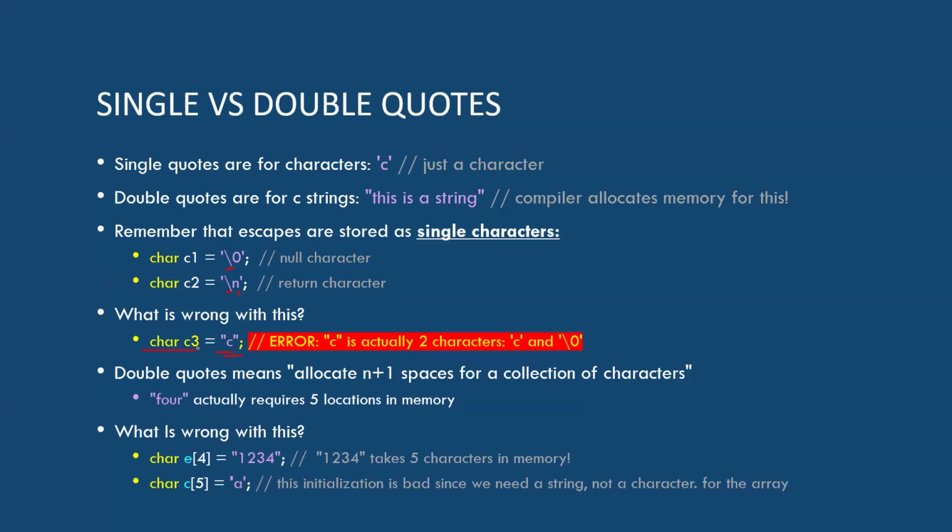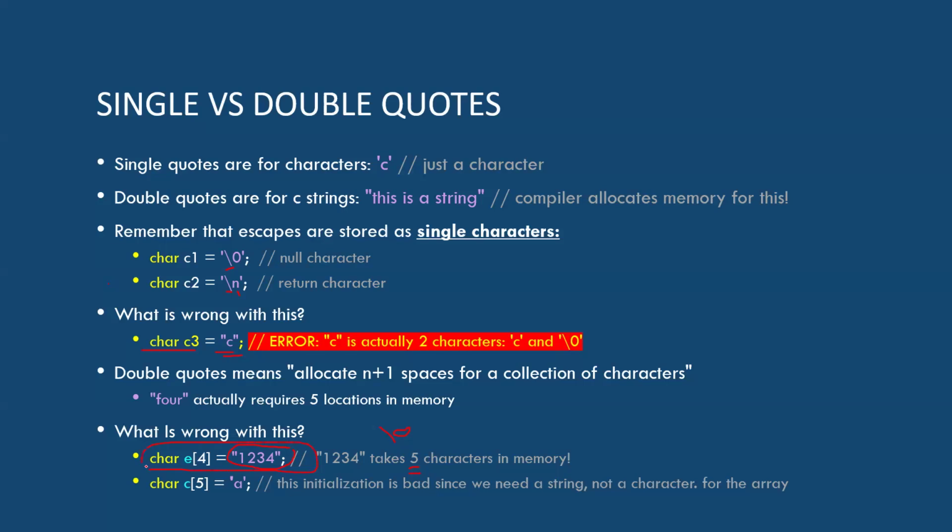So let's take a look at these 2 pieces of code here. So E4 equals 1, 2, 3, 4. This is actually going to try to pack in an extra \0 here, and that's going to try to take up 5 spaces. I believe I've got that right. Somebody may want to check that out in code and see if that creates a compiler error.